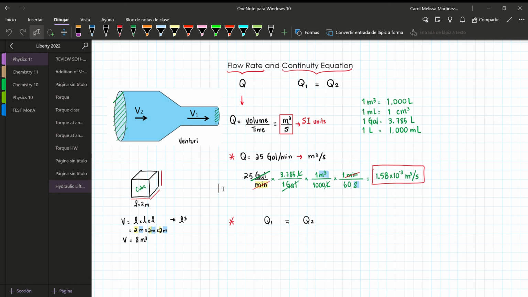But we can also say that this is transformed into area 1 times velocity 1, the velocity of the small side, equals the area of the large side multiplied by the velocity of the large side. This is another way to see that flow rate has this equivalence. Flow rate is equal to area times velocity.